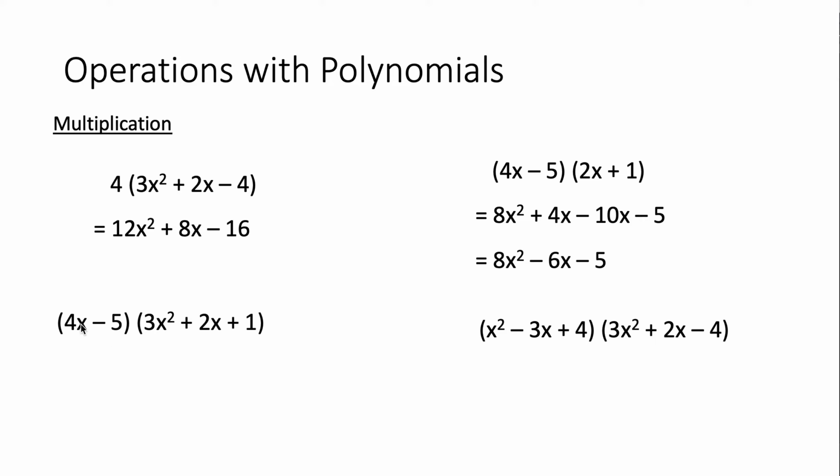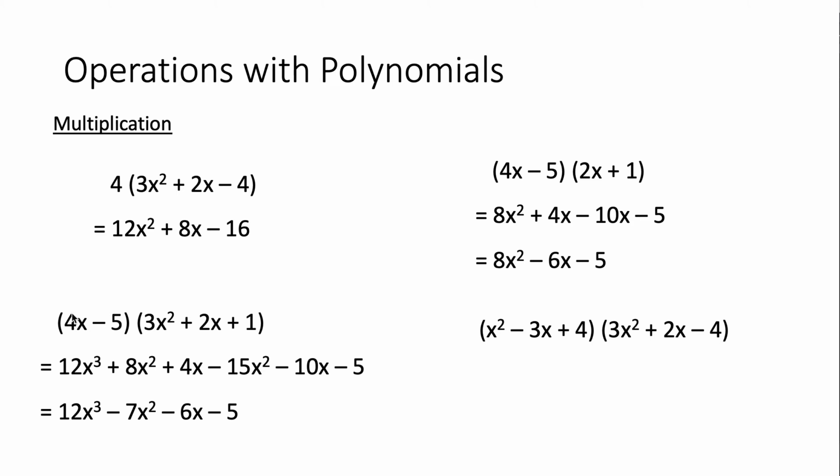This example, we can't use FOIL anymore because we've got a few on the inside, so it's like FOIL. So it's 4x times 3x squared and 4x times 2x and 4x times 1 minus 5 times 3x squared and minus 5 times this, minus 5 times that.